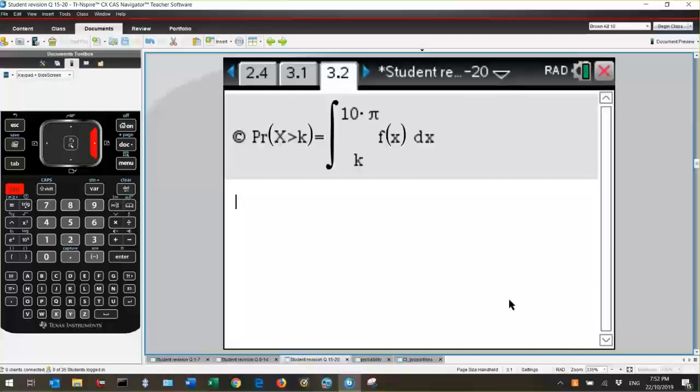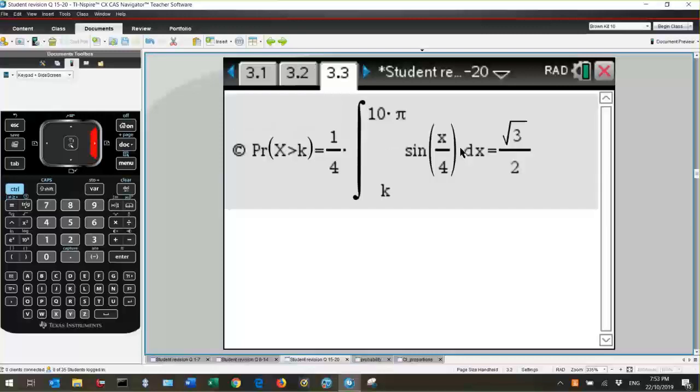All right, so the probability that x is greater than k is given by the integral from k to 10 pi of f(x) dx. Once again, remember your shift plus to get the integration template. Because I've been told that the probability is √3 on 2, I can equate that to √3 on 2.